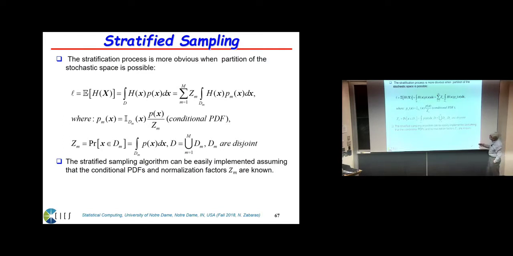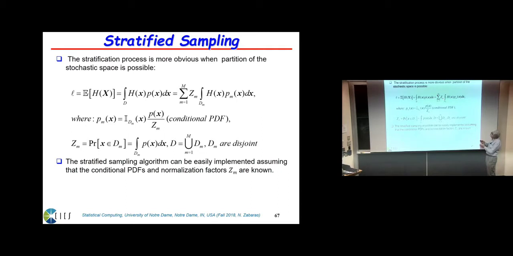How do I take care of that? Because I put an indicator function that says, if you're not in that domain, this distribution is 0. So if you take the conditional distribution that you are in the domain M, and you do this by introducing this indicator function, Zm is the normalization factor, the probability that you are in the domain. So obviously, if I put a Zm there, I'm going to have to put a Zm there.